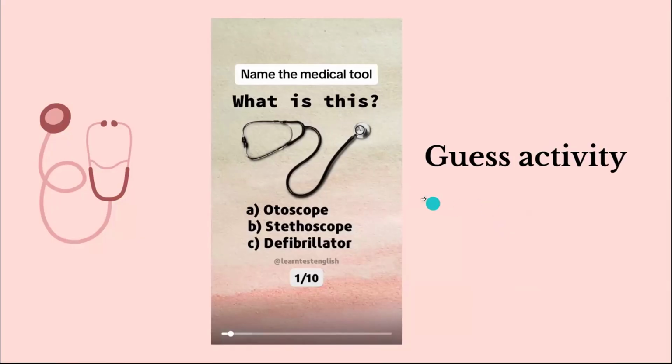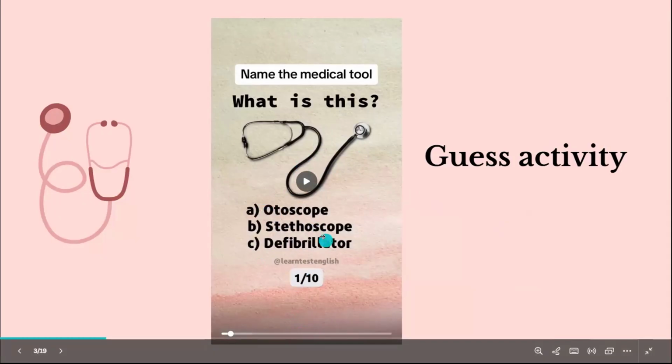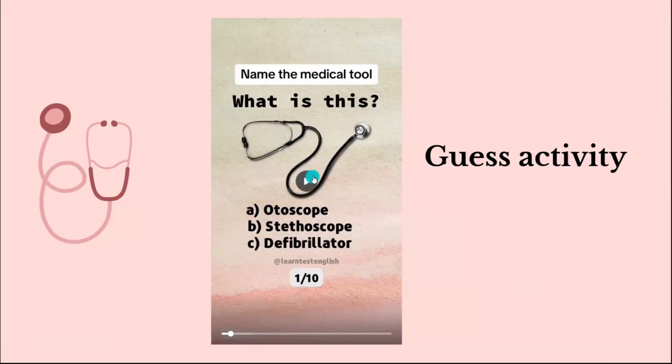You look at the picture and guess the answer from the 3 options that you can see in these questions. For example, in this part we have a picture, and then 3 options: a stethoscope, a syringe, or a defibrillator.